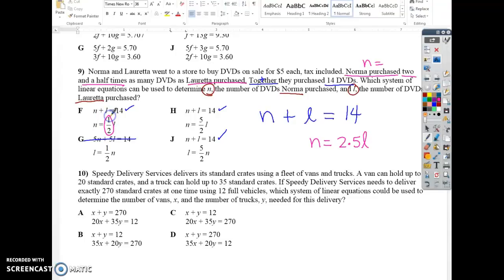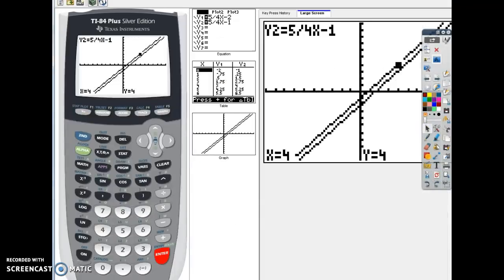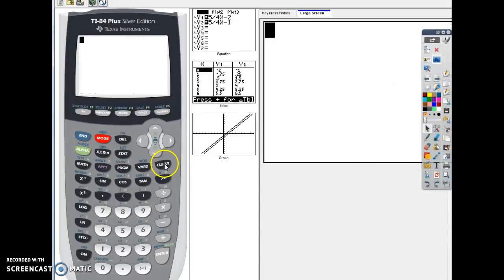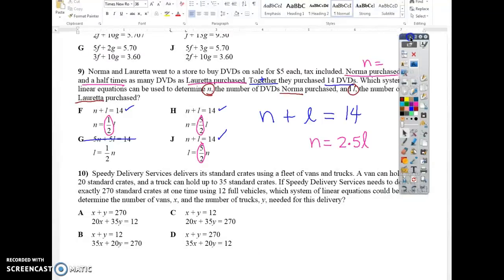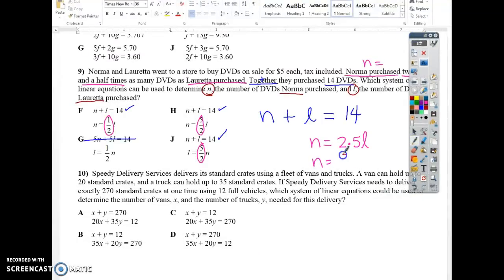We need to know what 2.5 means, so we can put that in the calculator. We can say 2.5, math, enter. And that gives you the fraction. 2.5 means 5 over 2. So let's go back and we're going to say that it's 5 over 2. So N equals 5 over 2 L. N equals, not L equals. And it's not a half, it's 5 over 2. So the answer is H.